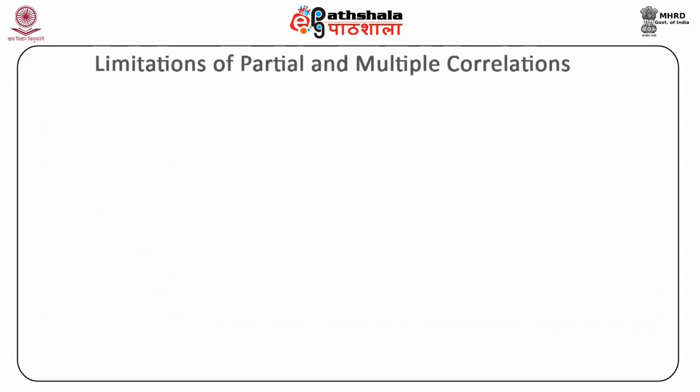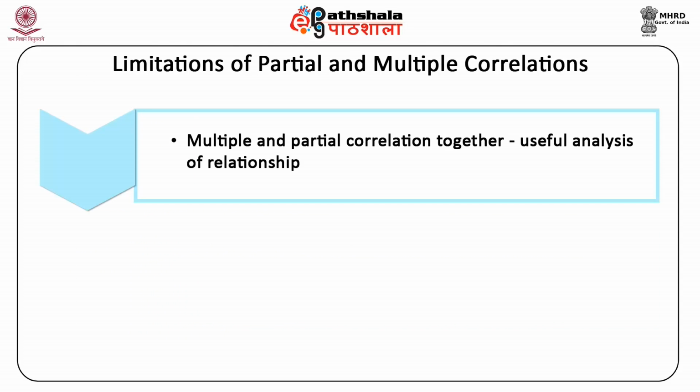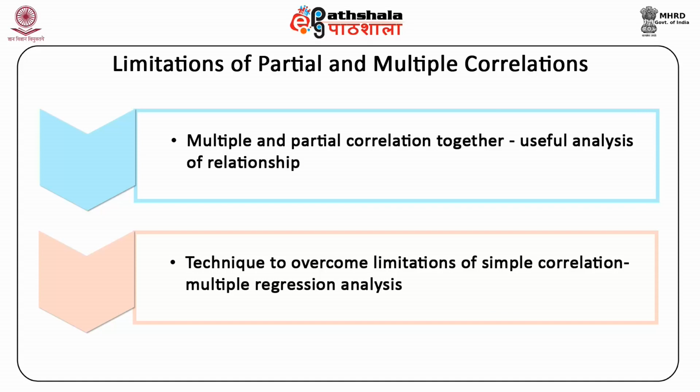Third, the limitations in case of multiple correlation are quite similar to those of partial correlation. If the multiple and partial correlations are studied together, a very useful analysis of the relationship between the different variables is possible. And the last limitation is that another technique which can be used to overcome the limitations of simple correlation is multiple regression analysis.